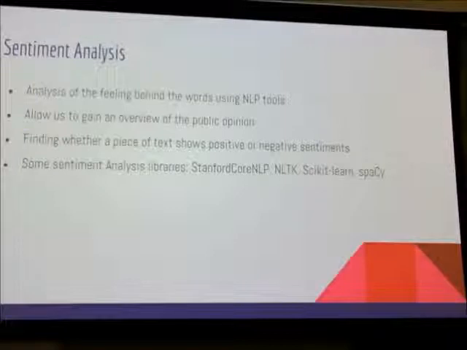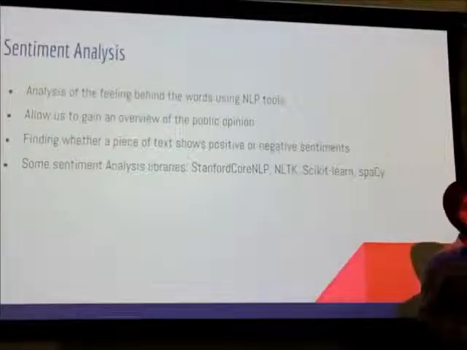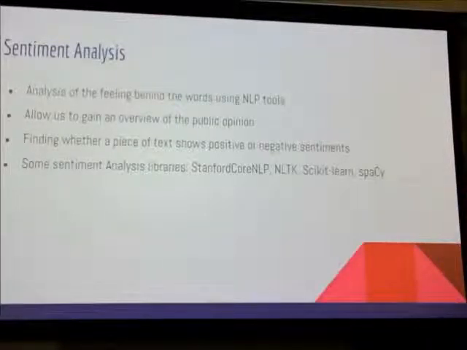To do sentiment analysis, the common libraries are Stanford CoreNLP, NLTK, scikit-learn, and spaCy. When we do sentiment analysis, we label the data using 3 labels: positive, negative, or neutral. Or sometimes there are 2 more labels, very positive and very negative. The basic naive approach is, if we have a piece of text, we calculate the number of positive words and the number of negative words.